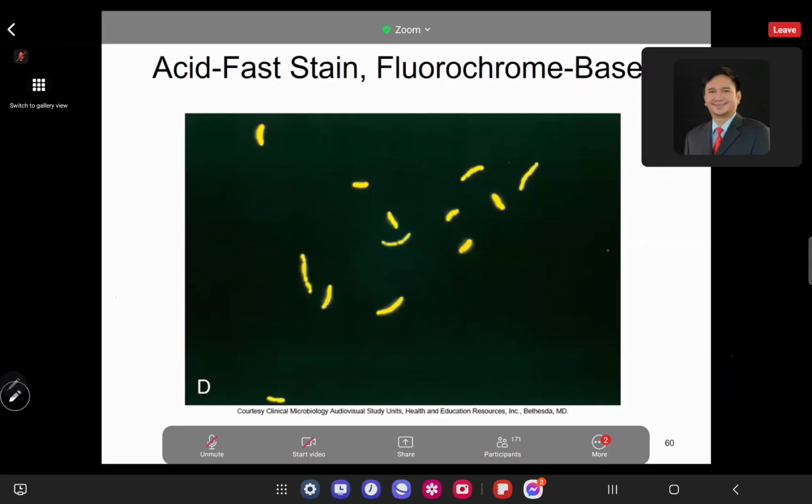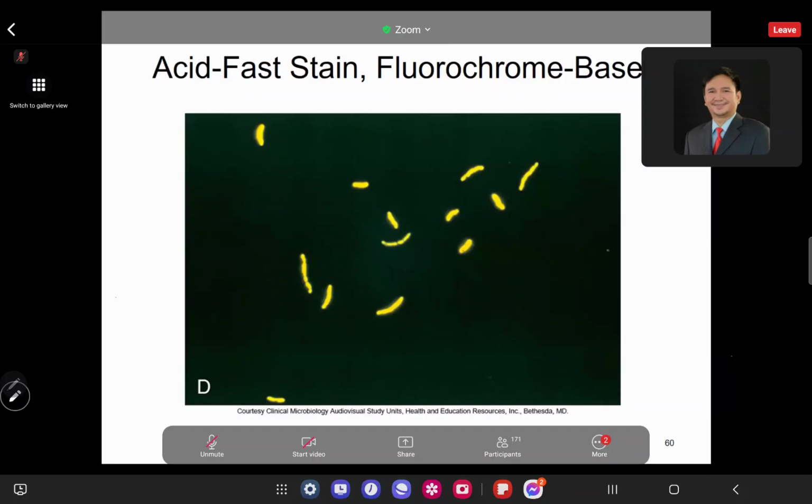It's your fluorochrome base or your auramine rhodamine staining technique. The acid-fast bacteria appear bright yellow or orange, facilitating easier identification. Now the fluorochrome stain will combine with your mycolic acid in the cell wall.